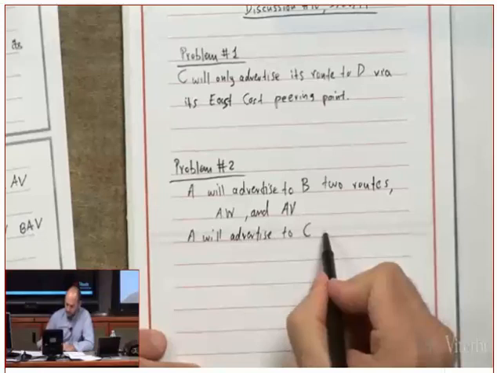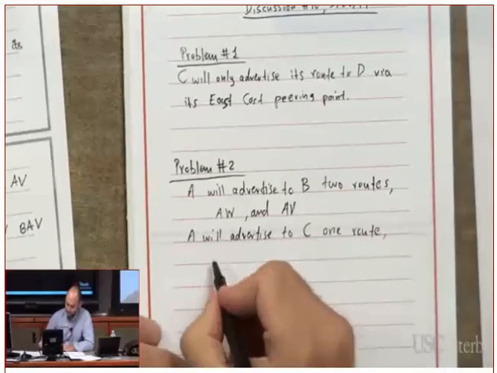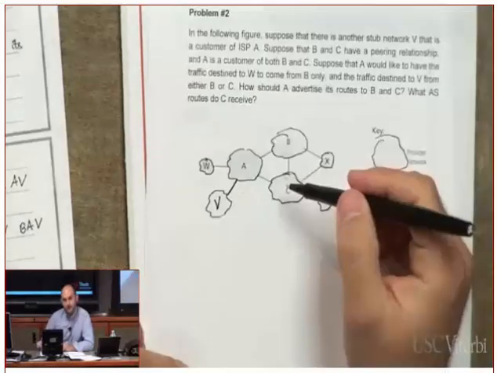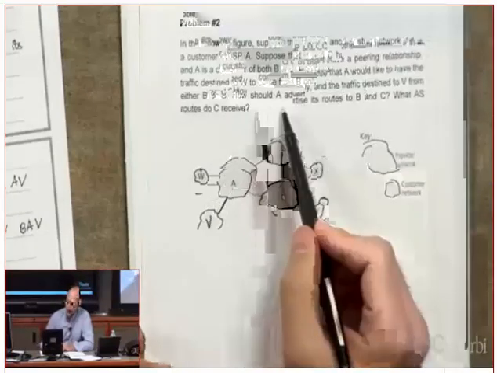And the other is what? BAV, right? Okay, so how many routes does C have? 3. It's a total of 3 routes, which are AV, BA, and BAV. Oops, sorry. Okay?